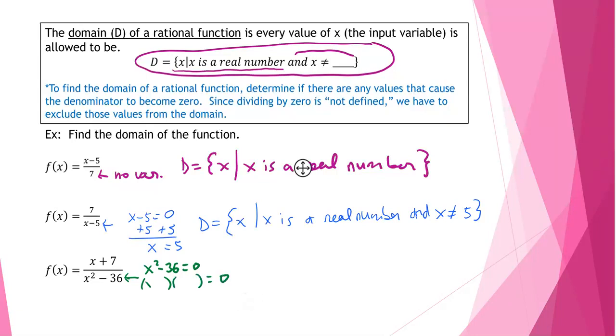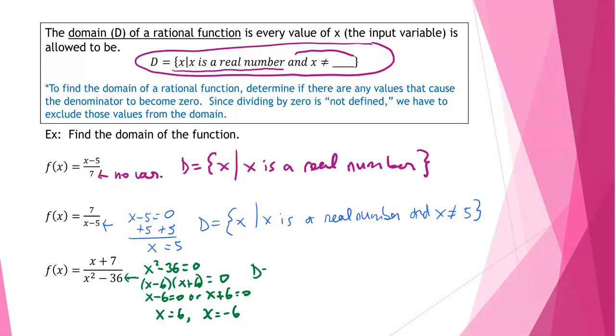Remember, x squared is x times x, 36 is 6 times 6, and then we do a minus and plus, and this gives us 2 equations to work with for the values of x. So this first one is going to give us a 6, the other is going to give us a negative 6. So there are actually 2 numbers that will cause us to go to 0 in the bottom.